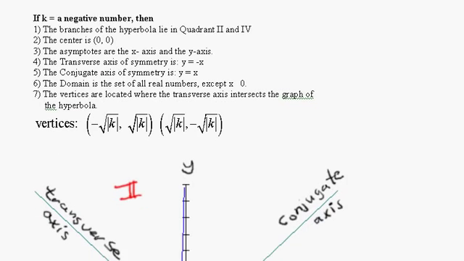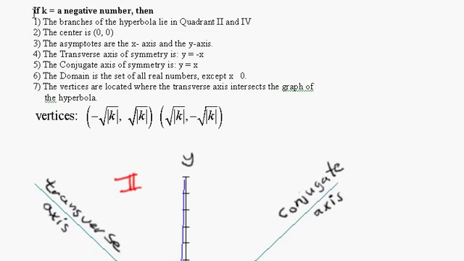All right, in the other situation, if k represents a negative number, there are a few differences. The first difference is that the two branches of my hyperbolas are in quadrants 2 and 4, not quadrants 1 and 3. But the center is still going to be 0, 0.